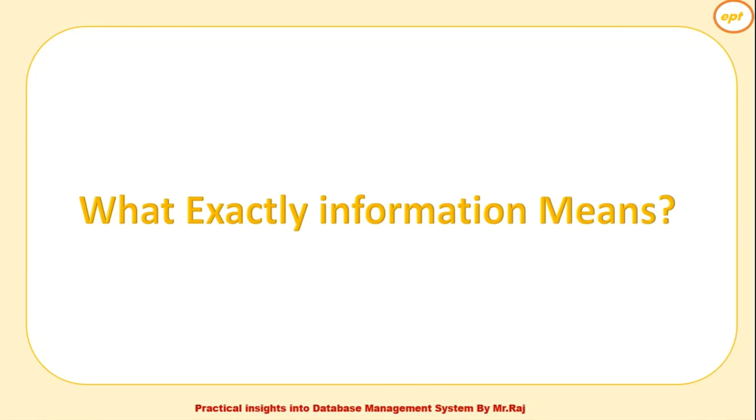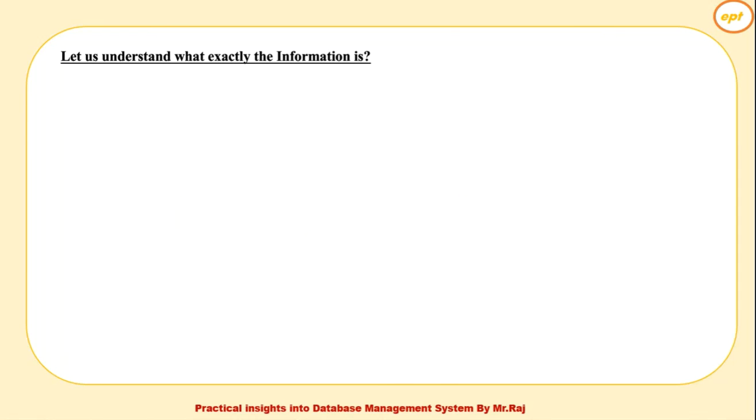So what exactly does information mean? You have raw data. If you add a context, or if you add a meaning to the raw data, what will happen? It will become information. That's it, simple, right? That is what we will be seeing here.